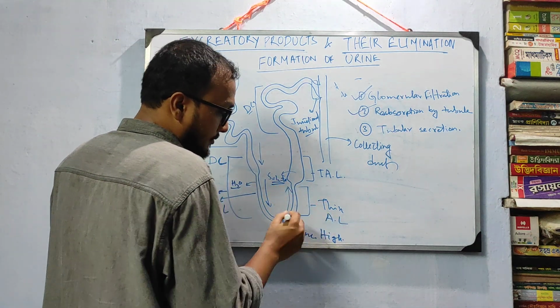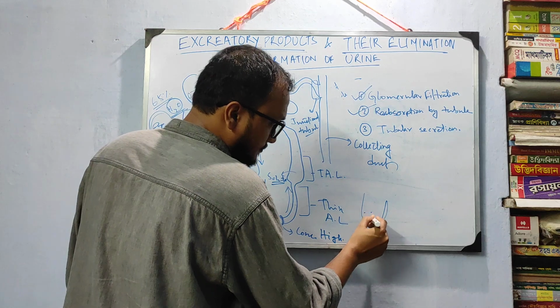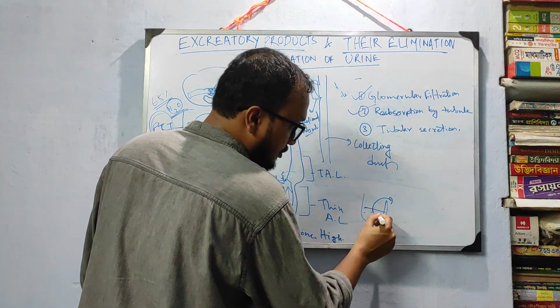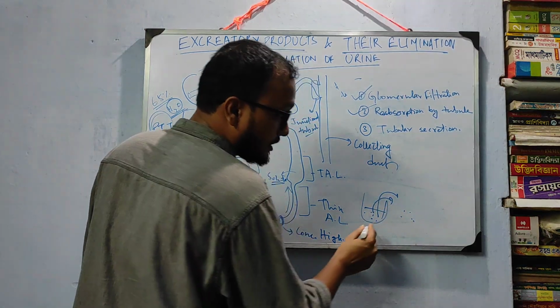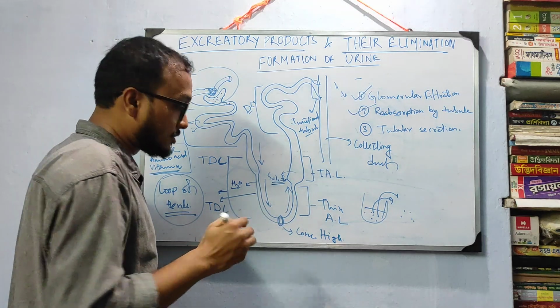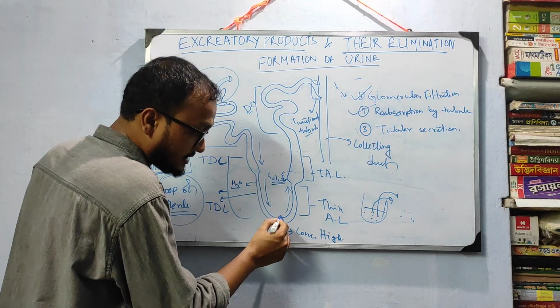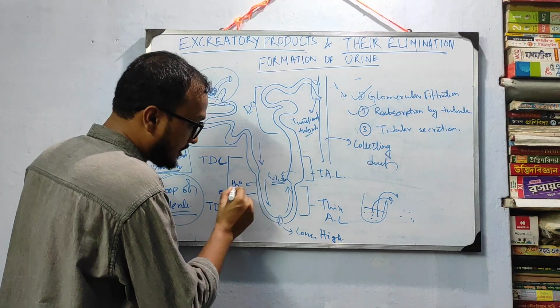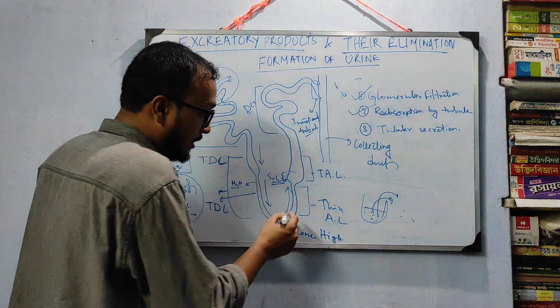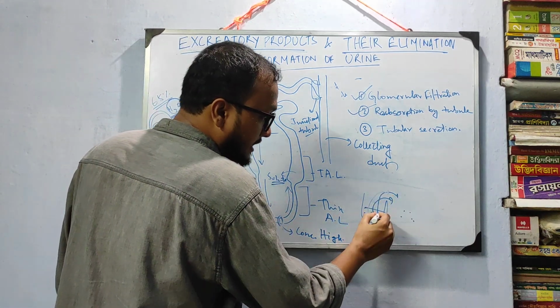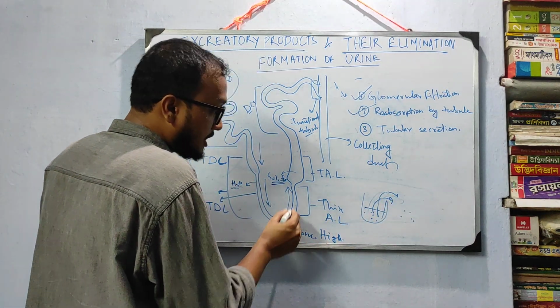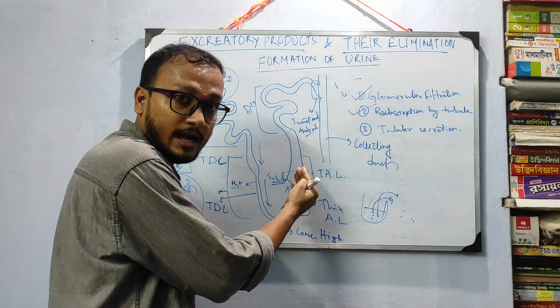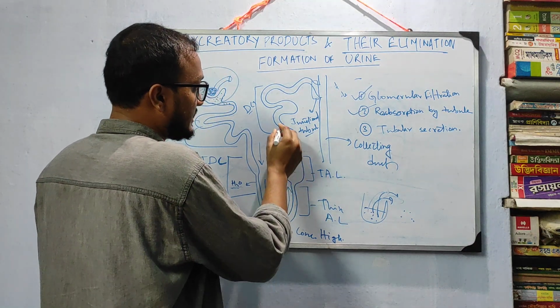So from a solution you are taking out all the solute. What will happen? The concentration will decrease again. The concentration was high because until now we were absorbing all the water. Now we are taking all the solute, so the filtrate becomes diluted again.